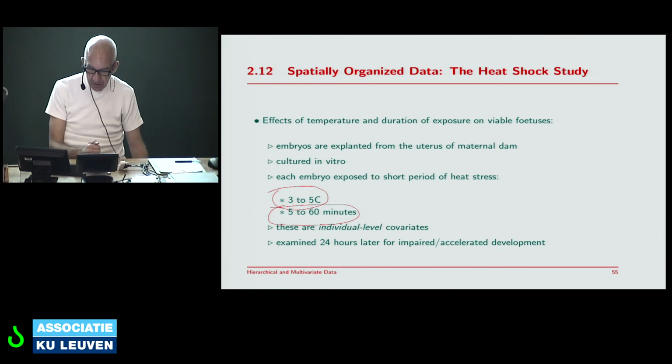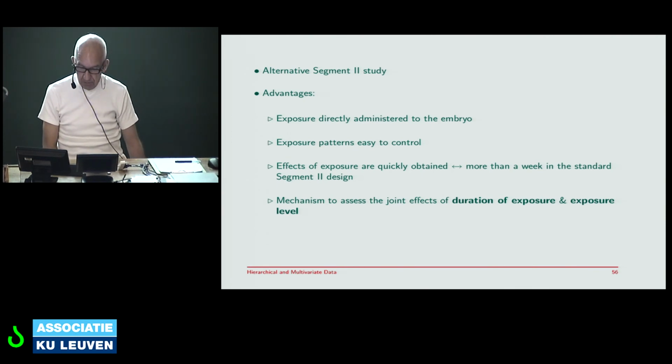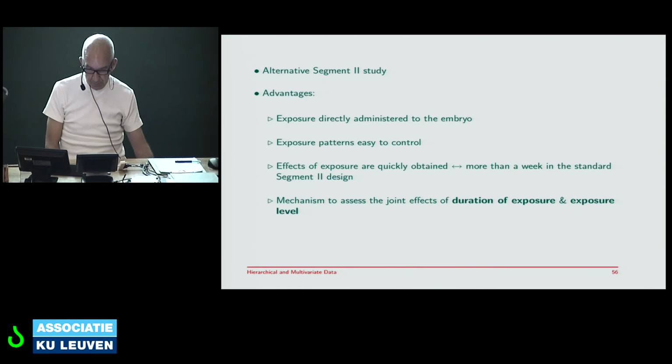And then later, they are examined for effects on all sorts of body length and body measurement outcomes. It's an alternative segment to study, one that is not really used so much, but it allows us to do something very different from the previous one, that is work with individual level exposures rather than group level exposures.